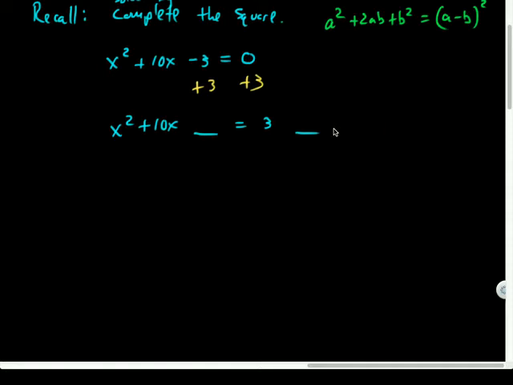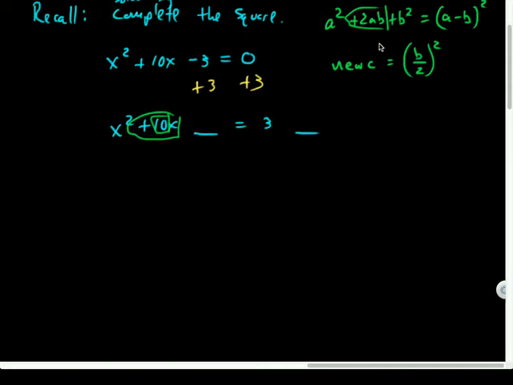Does anyone remember how to do that? Well, I'll tell you guys. It's to find my new c term. Your new c was equal to b over 2 all squared. And it's actually related to the 2ab, all right, that I know that this is equal to 2ab, and that 10 in this case is the 2b part.